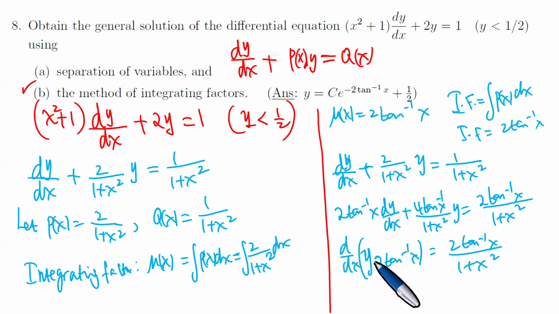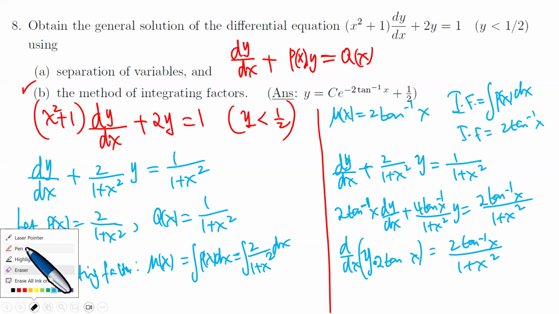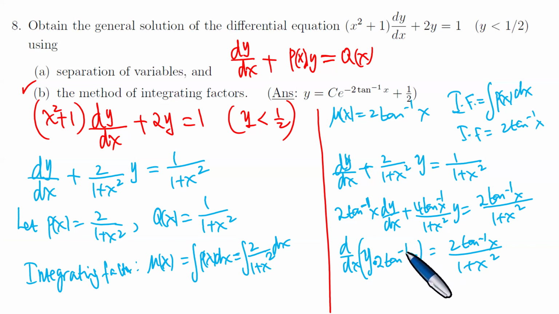So it is exactly this. If you differentiate the y, you get dy dx times 2 arctan x.